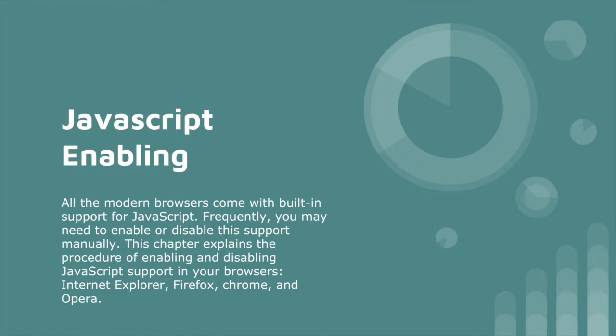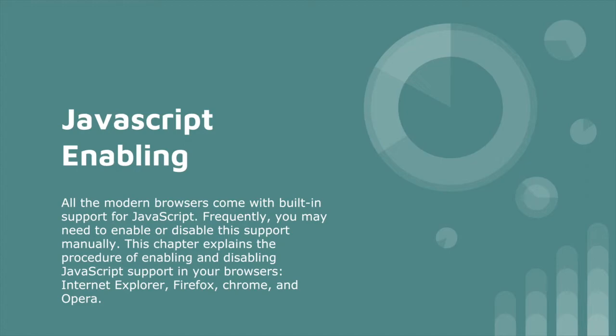This chapter explains the procedure of enabling and disabling JavaScript support in browsers like Internet Explorer, Firefox, Chrome and Opera, and other browsers. I am going to show you in this video about Chrome, how you can enable JavaScript when you are coding. If JavaScript is not enabled, your browser cannot run or debug your JavaScript code.